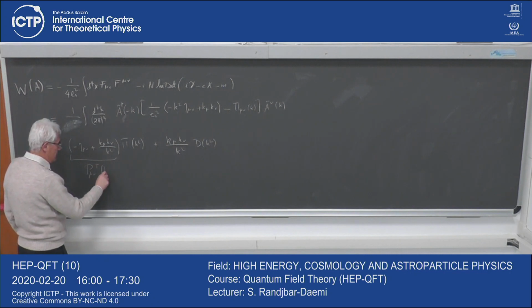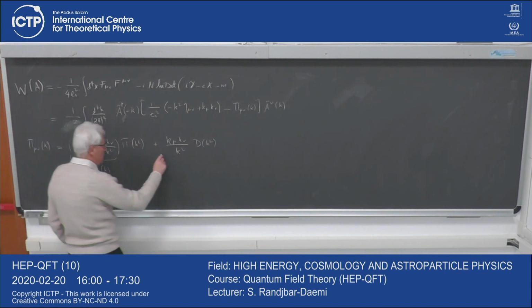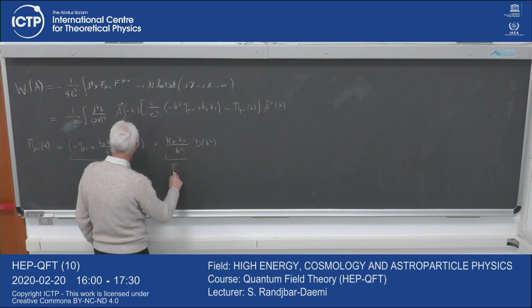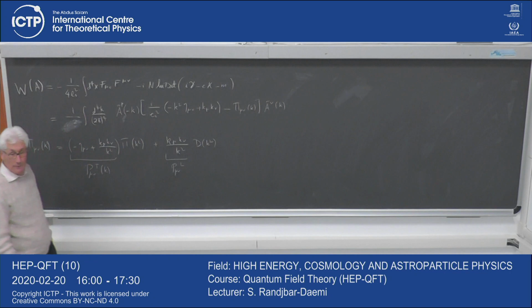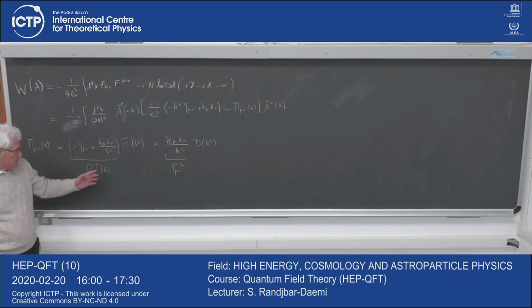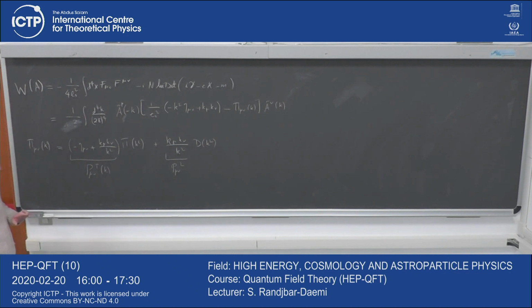T means transverse, and this one we will call P mu nu L. L means longitudinal. And the properties of these tensors is that they are projectors. The projector normally squares to give itself, so this one squares to give itself with a minus 1 in front of it. But that doesn't matter for what we want to do.